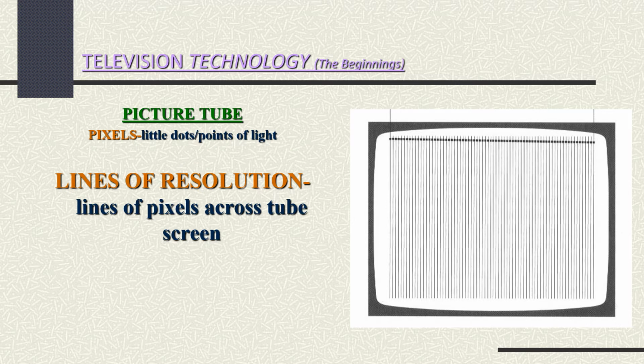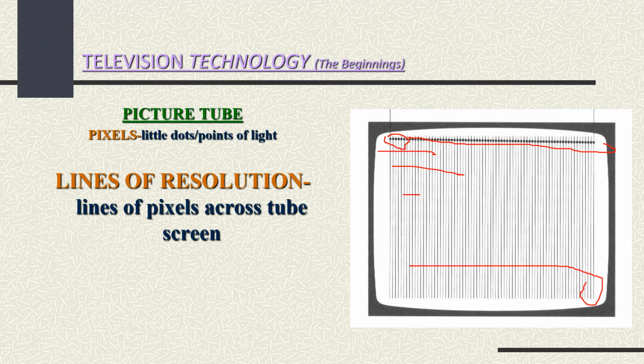But those pixels need to be in a particular configuration, and these are lines of pixels, basically lines of resolution. What happens is the first pixel starts at the top left of the screen, goes across the screen for the first row, and then goes back for the second row, third row, fourth row, all the way down to the very end of the screen.